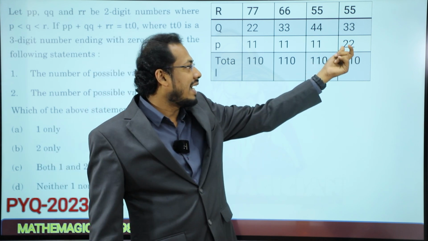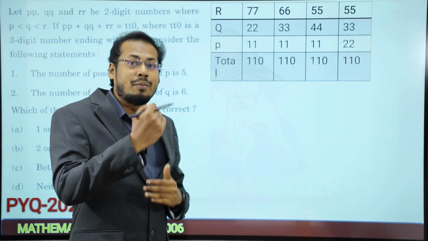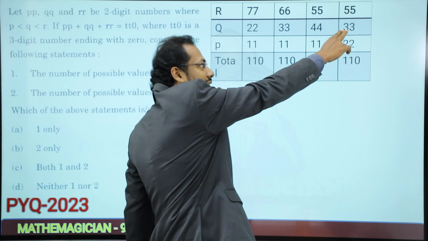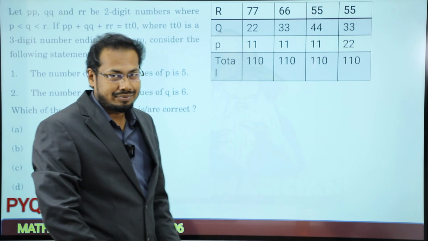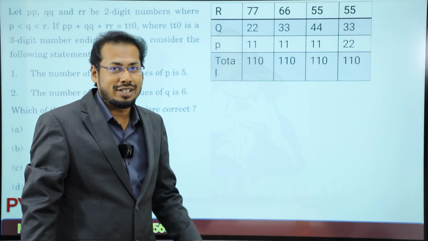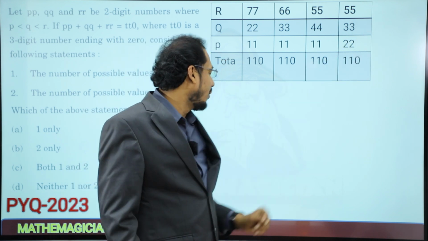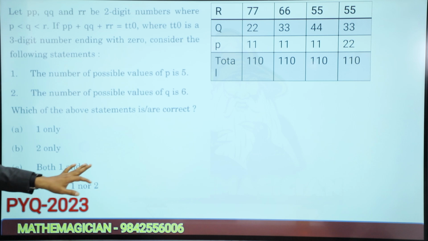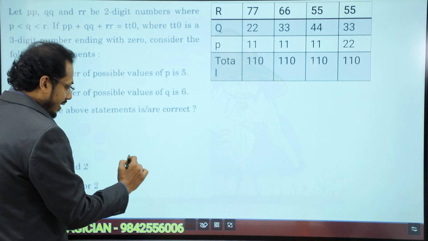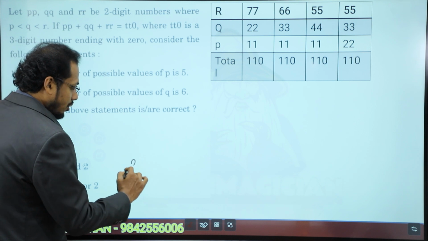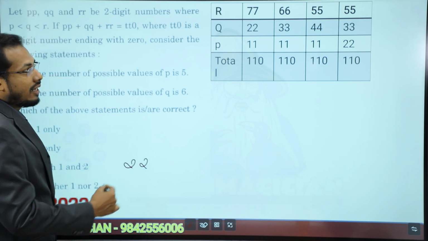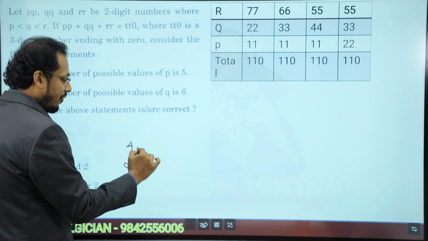Then 2. If I start with 2, then Q will be more than 2. So I take 3, then here it will be 5. Any other option? If I take 2 again, instead of 3, 4, what will happen? Look at this, I will show you one example. P is 2, and Q is 4.